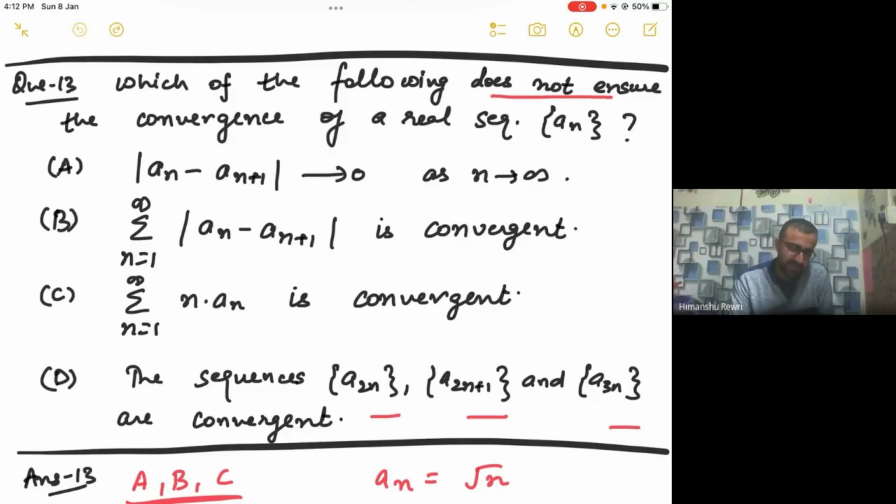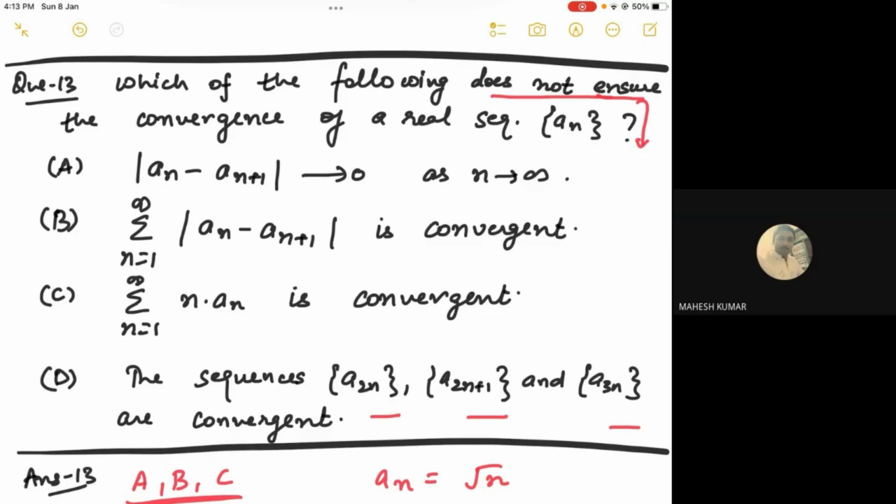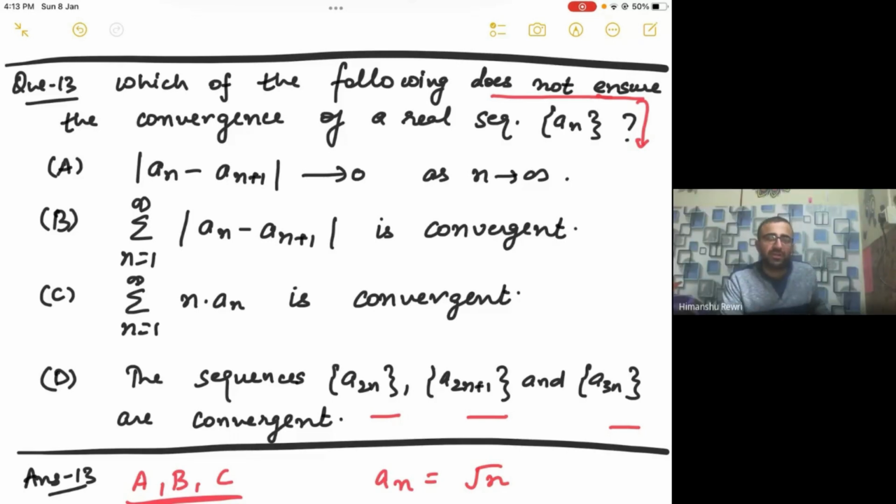That's why in the starting I said that you have to check does not ensure. So keep in mind what you are proving. Okay, let's see whether these statements are true or not.